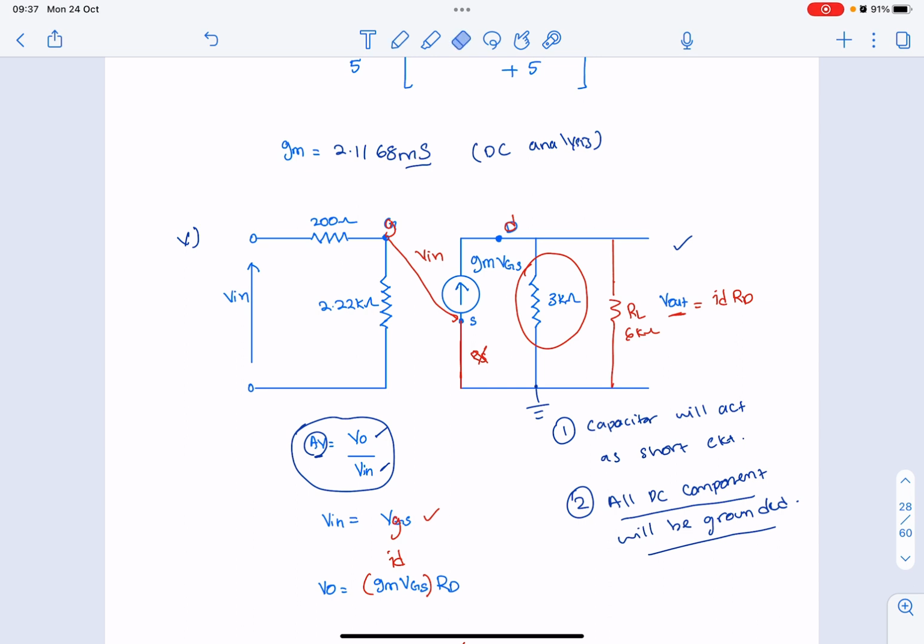Basically, your V out is still the same, but you need to combine these two resistors. So we can call this one REQ. REQ is equal to 3 kilo ohm in parallel with RL.